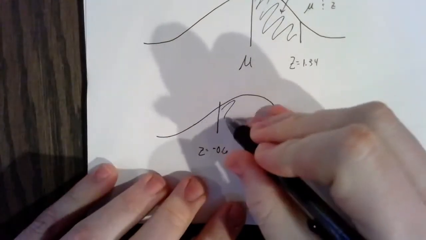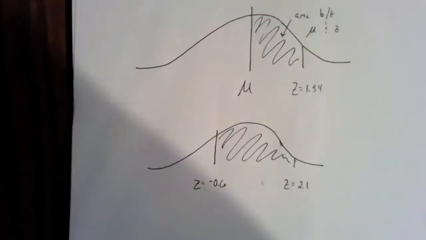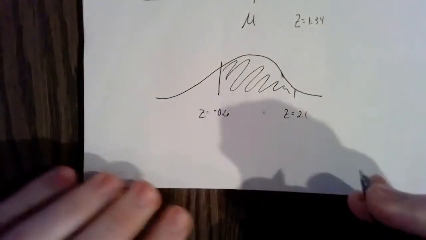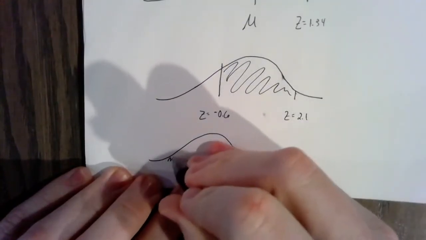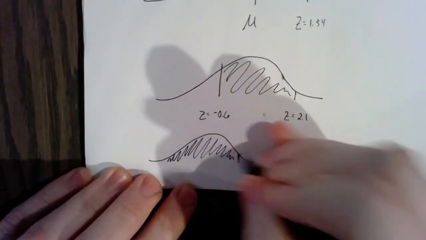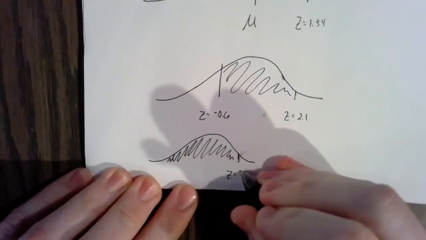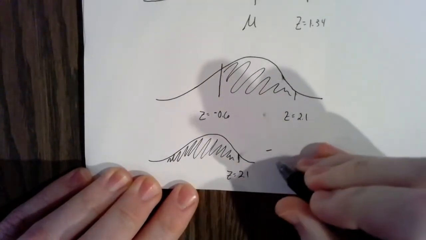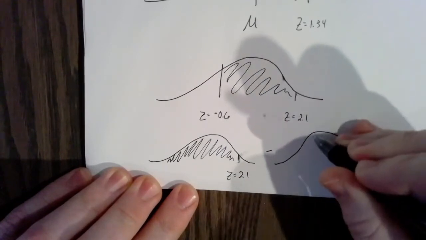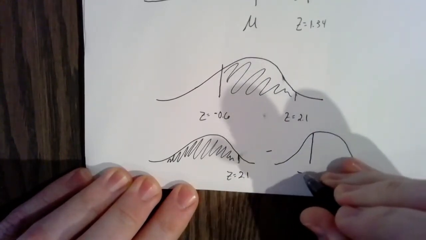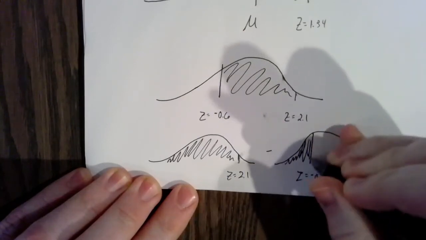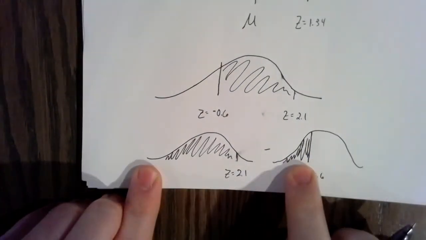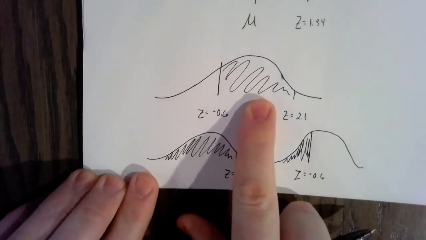If I want the area between these two, I can find the whole area for z equals 2.1, and subtract this area for z equals negative 0.6. If I take this whole curve and subtract that part, I'll be left with this portion.